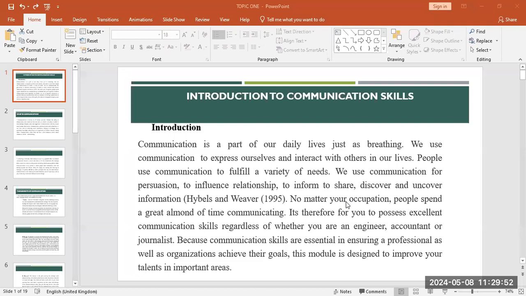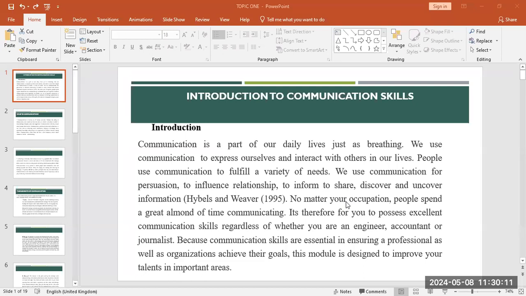The question is, why did they make this unit a compulsory unit? It's because communication is like the air you breathe in, and you cannot decide not to communicate. So it is therefore necessary for you to possess excellent communication skills.